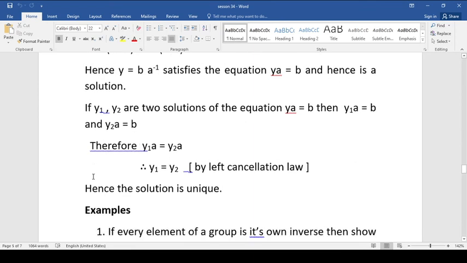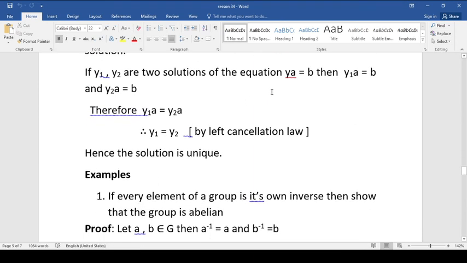And if y1 and y2 are two solutions of the equation yA is equal to B, then y1 into A is equal to B and y2 into A is equal to B. That means y1 into A is equal to y2 into A. By using the right cancellation law, A gets cancelled, we have y1 is equal to y2, and hence we can say that the solution is unique.